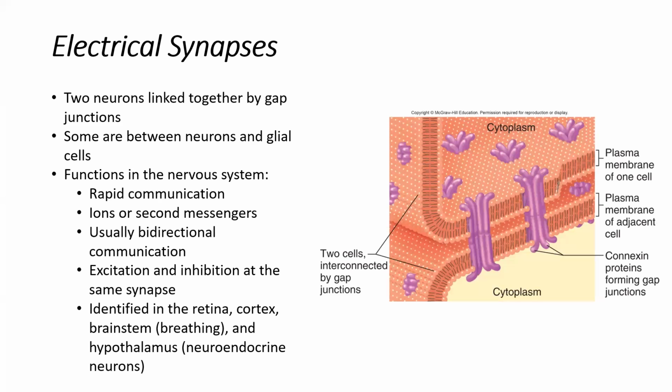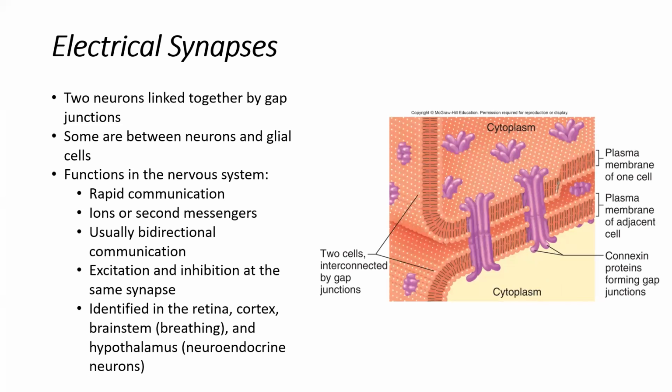So we have ions or second messengers that are involved in transmitting these signals from one cell to another. And as we reiterated before, the flow of communication is usually bidirectional. In other words, these electrical signals in the presence of ions and second messengers can go from this cell to that cell, and they can go in the opposite direction from that cell back to this cell.